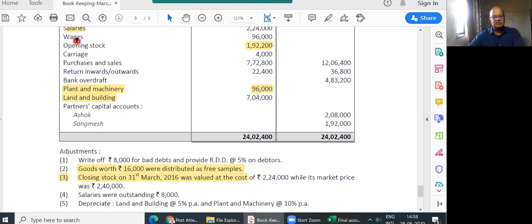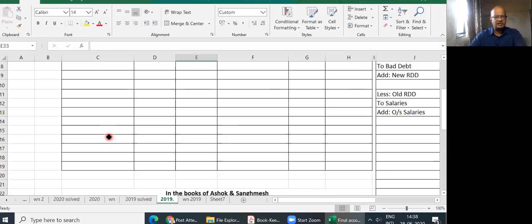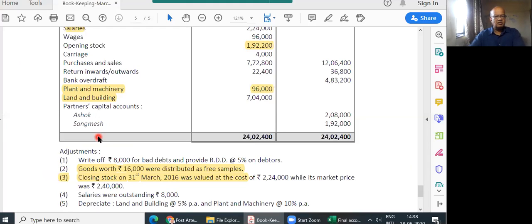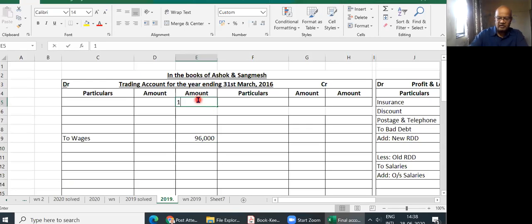Then we have wages 96,000. Opening stock, there is a correction. I have told you 1,92,000 opening stock.